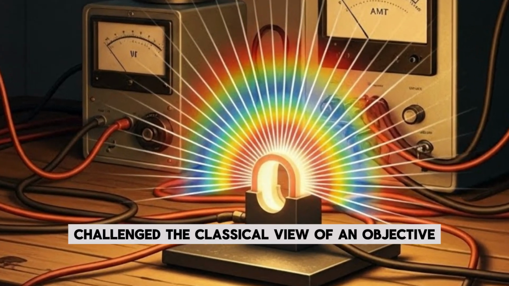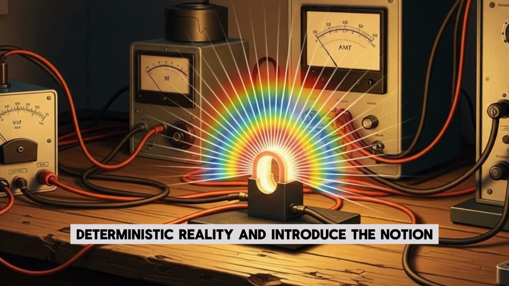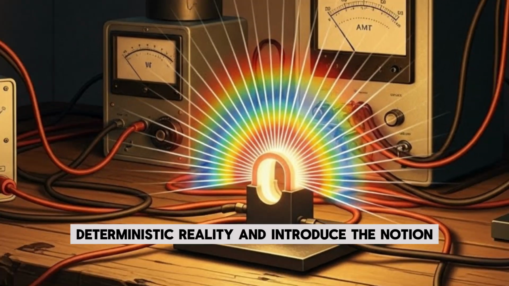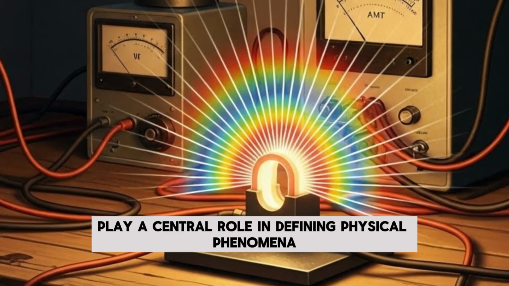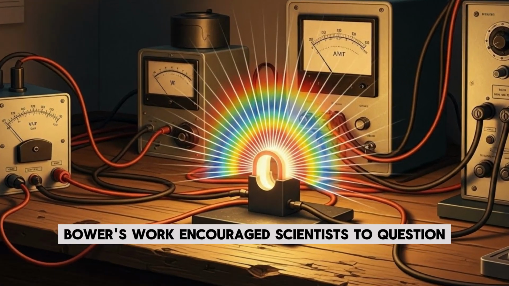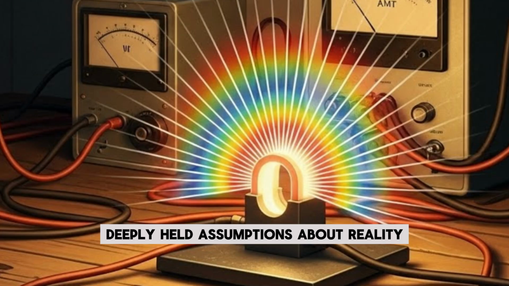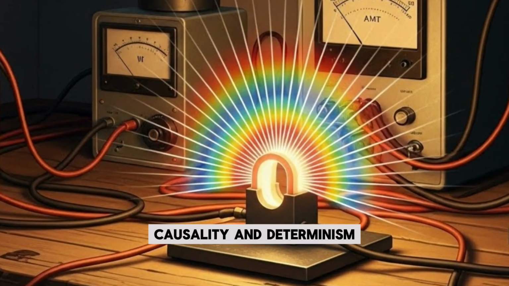This principle challenged the classical view of an objective, deterministic reality, and introduced the notion that observation and measurement play a central role in defining physical phenomena. Bohr's work encouraged scientists to question deeply held assumptions about reality, causality, and determinism.